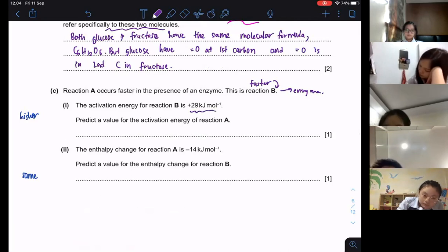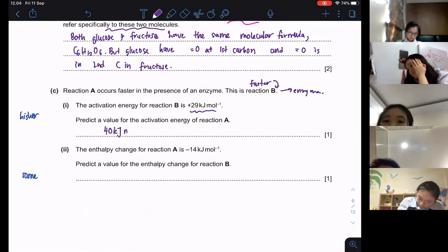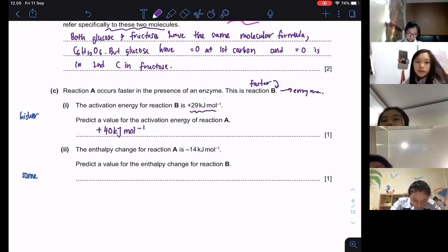Predict a value for the activation energy of reaction A. It means reaction A is without the enzyme. So I'll predict something higher than 29, maybe 40 kilojoule per mole. Any value higher than 29, but do not forget the plus. Plus 40 or plus 35 kilojoule per mole. Don't put a value near it like 30. Try to be a bit higher.